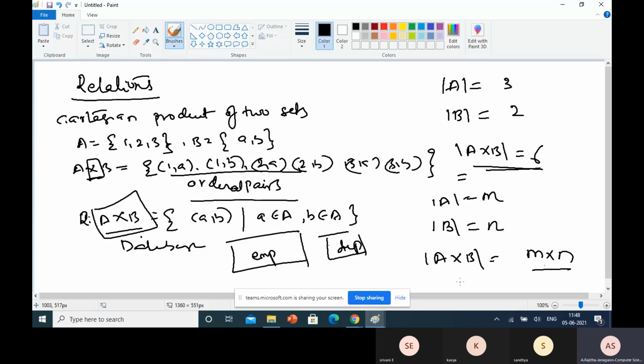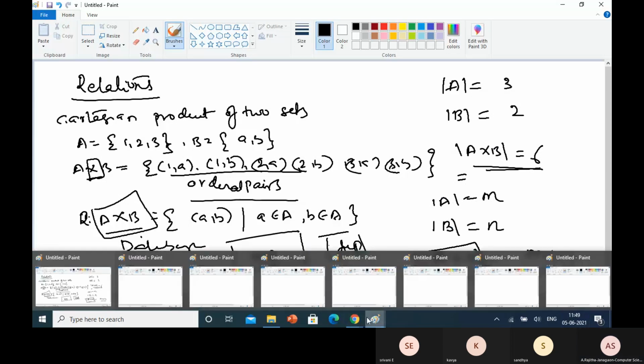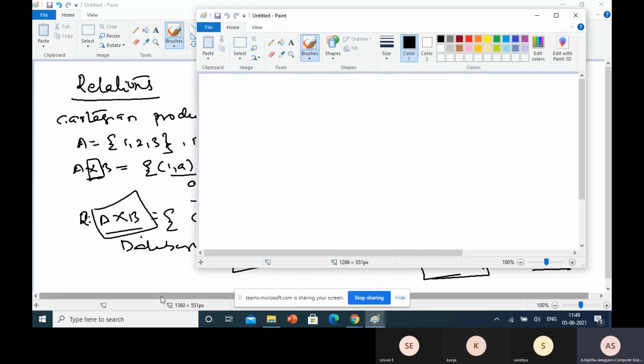That means this Cartesian product contains m into n elements. So this is the cardinality of the Cartesian product.